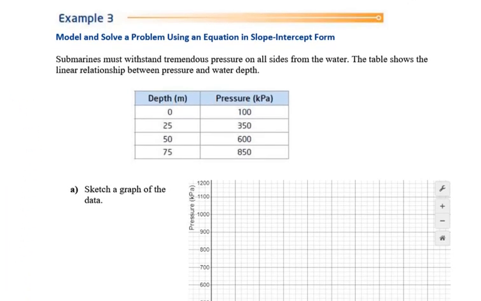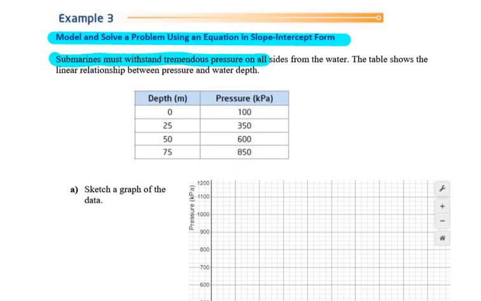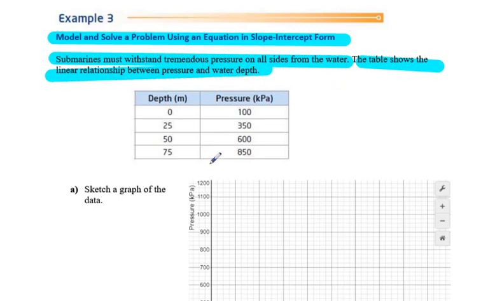All right, so here we want to model and solve a problem using an equation in slope-intercept form. Submarines must withstand tremendous pressure on all sides from the water. The table shows the linear relationship between pressure and water depth.